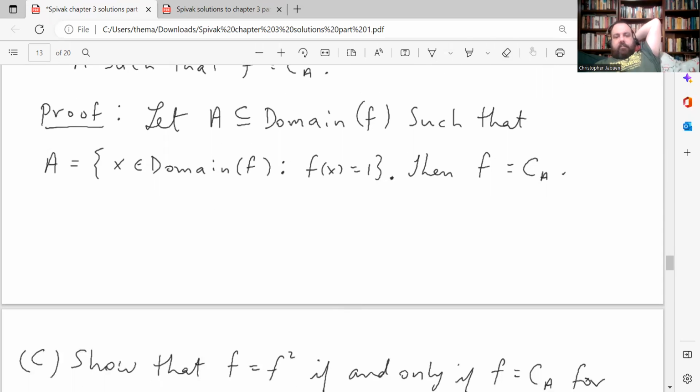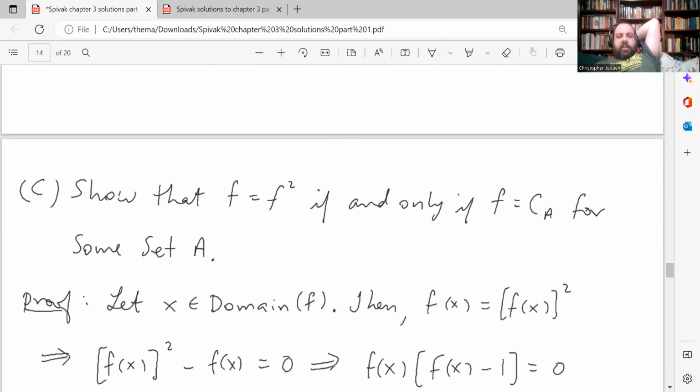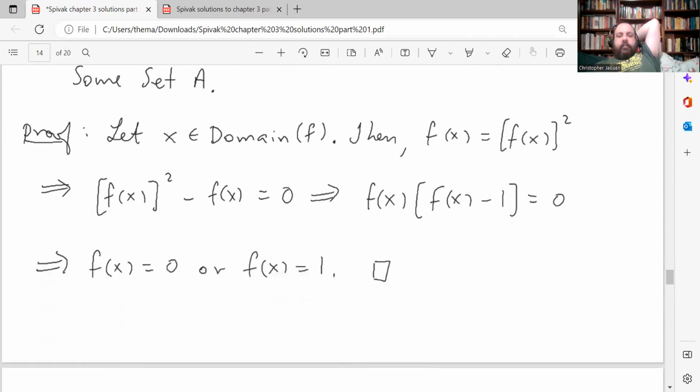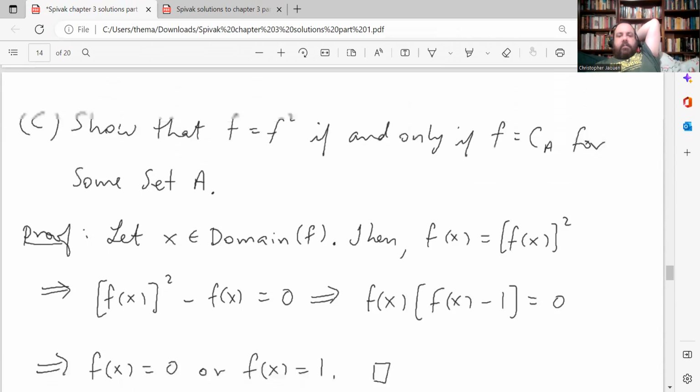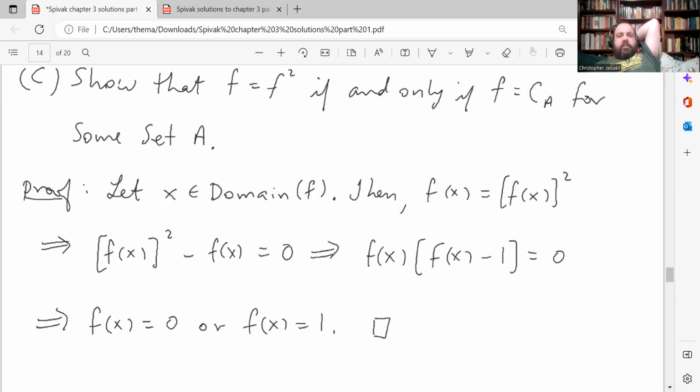That's basically it. Part C, show that f equals f squared if and only if f is the indicator for A for some set A. Oh, I just realized I only did one direction of this. Let's look at this first. Let x be an element of the domain of f.